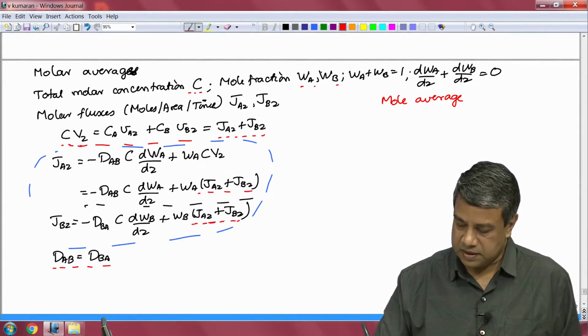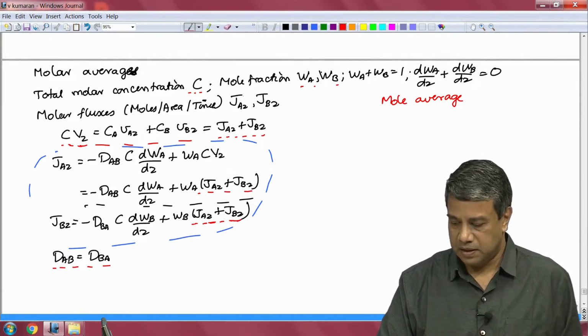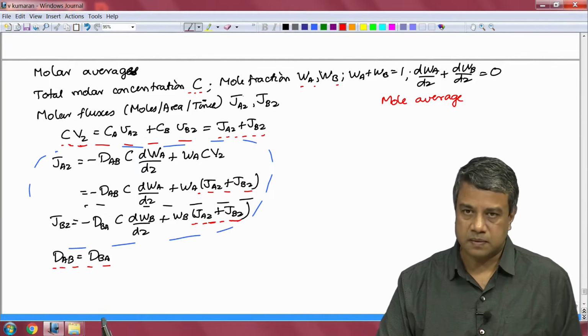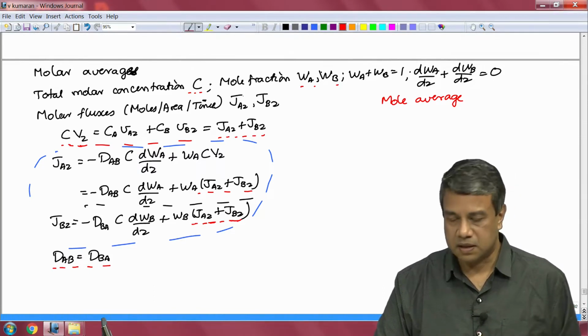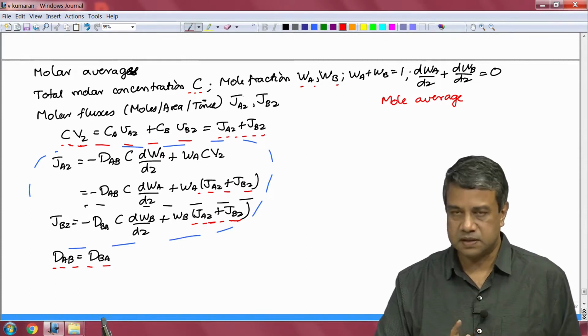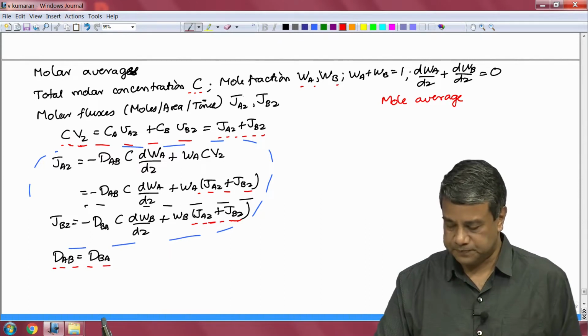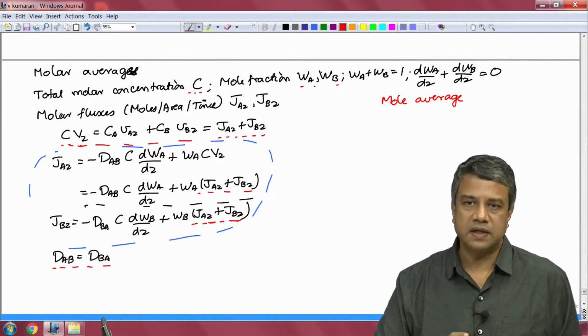So, I have Jaz and Jbz on the right side as well in this description. You can imagine that for multi-component diffusion, the number of such species increases. So, that is the reason for simplicity we have restricted attention to 2 components. And now you need to know something about how these vary.